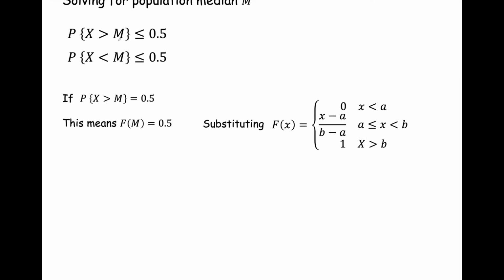So if we do that, we can substitute in using the CDF for this value m, set it equal to 0.5, and we can solve. So let's take a look at this.